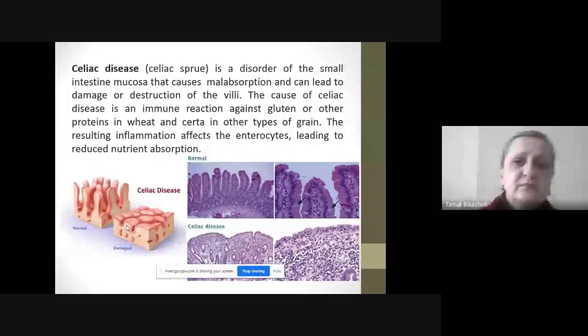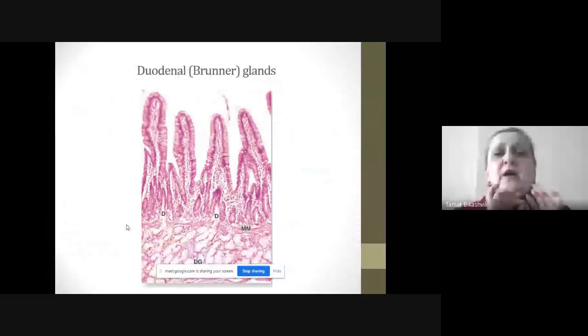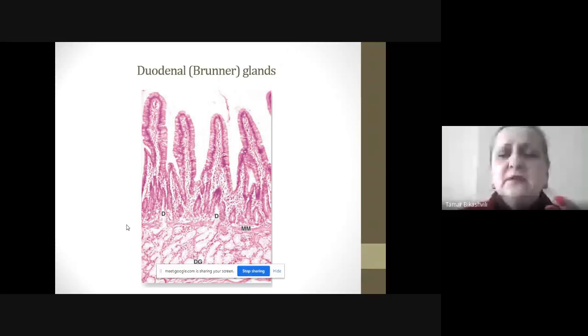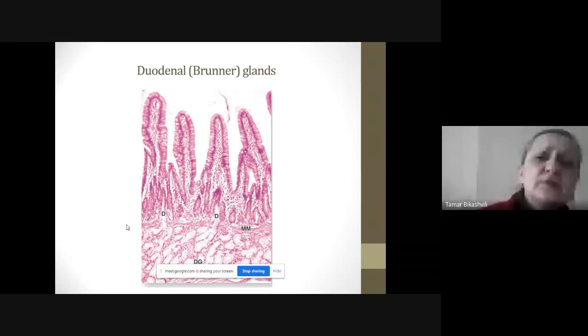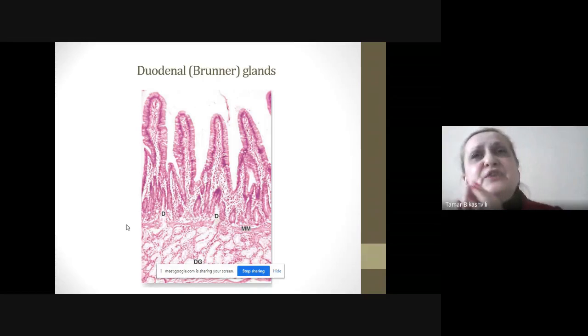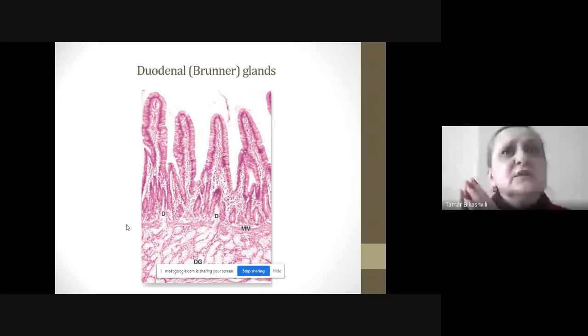Then, yes, which are specific structures. So the villi, this is epithelial lining with lamina propria, especially the folds, these villi, especially well developed, are in jejunum. Yes, in the middle part of the small intestine.